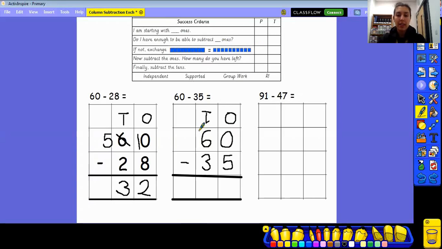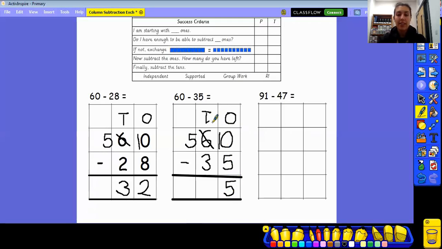One of my tens from my 6 tens is now going to go into my ones column. And I'm not going to have 6 tens anymore. I'm only going to have 5 tens, that's right. And I don't have 0 ones anymore. You can see that I've got 10 ones. So 10 take away 5 equals 5. Well done.